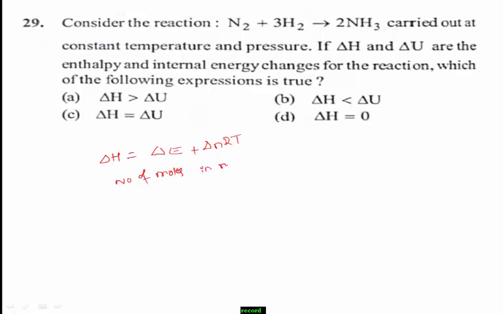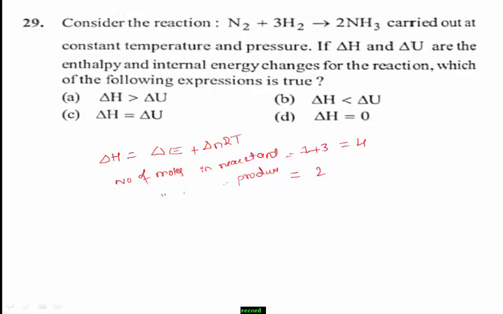Number of moles in reactant side, it is equal to 1 plus 3, right? 1 plus 3, it is equal to 4. And similarly number of moles in product side, it is equal to 2 because 2 moles of ammonia is formed.